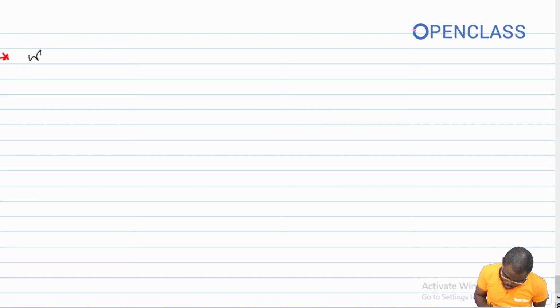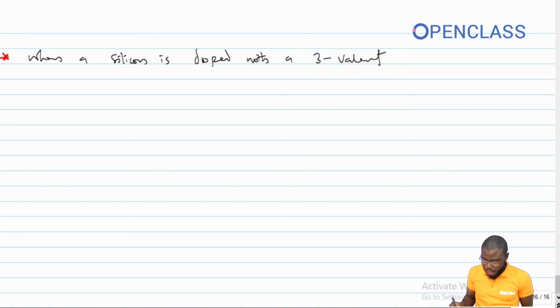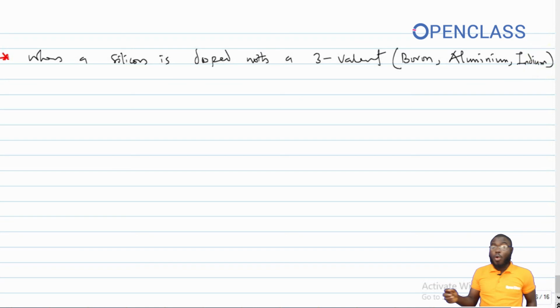When silicon is doped with a trivalent atom like boron, aluminium, or indium, then instead of a free element roaming around as with the 5-valence element, here it is a 3, and silicon requires 4 to be stable.